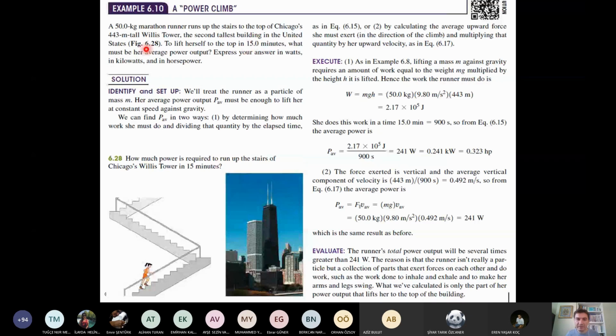Then you can get the velocity of this lady, put the average velocity here, and then you can calculate 241 watts. They are the same. So by using the average power formula, delta W over delta T, or the average power formula, F parallel times V average, you can calculate the power. Any question?